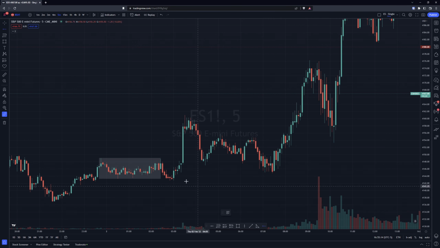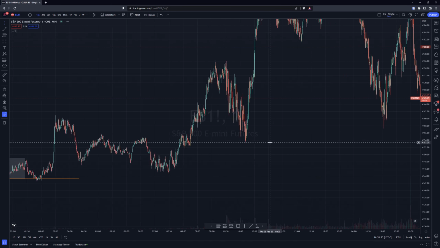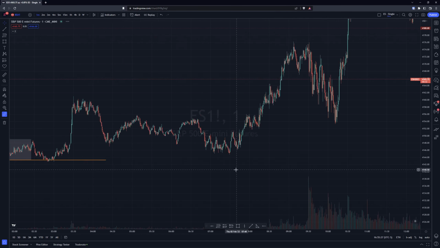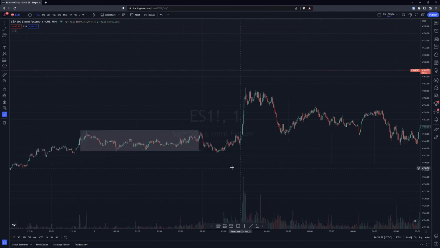So let's pull a trend line out. And this would be the bottom. Yeah, I mean, not really. It's a little sloppy. We can go to 1 minute and see if there's something more to see there.